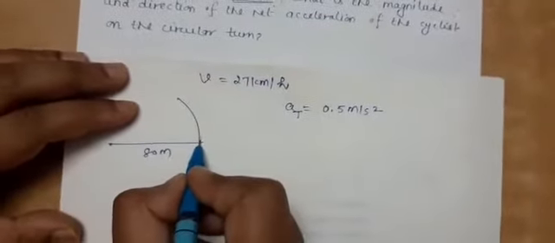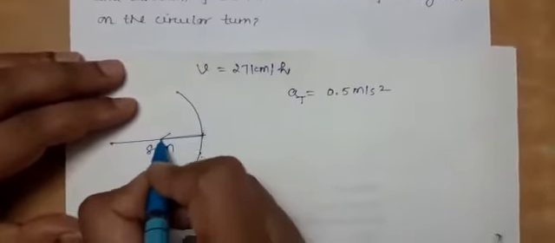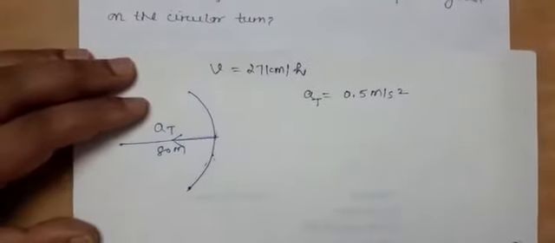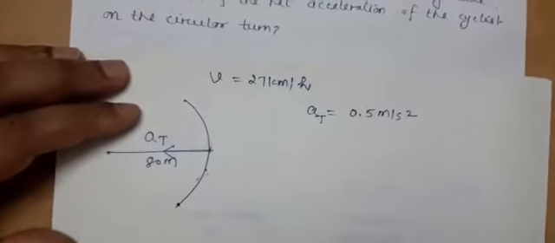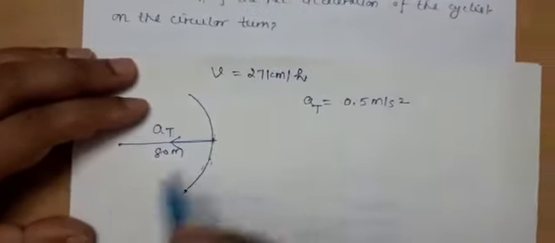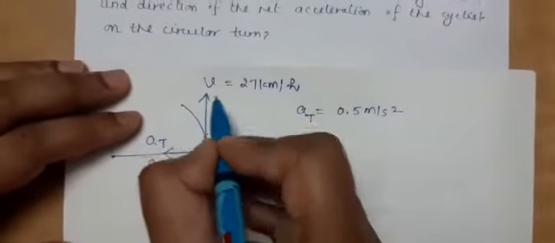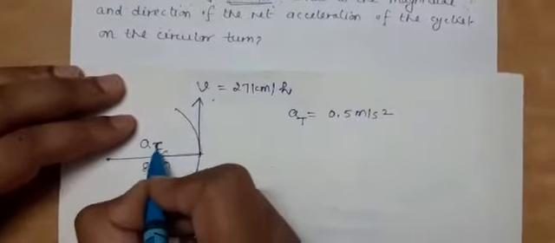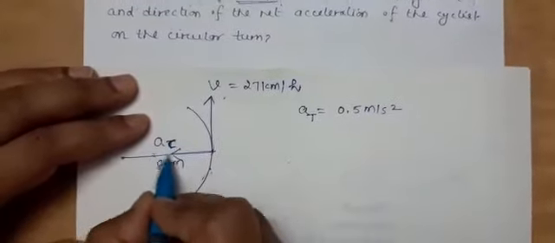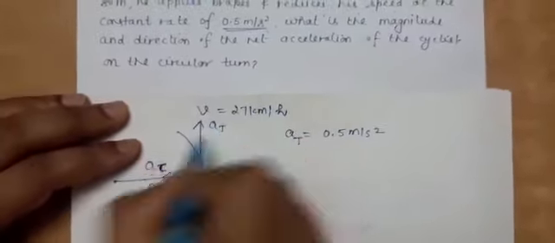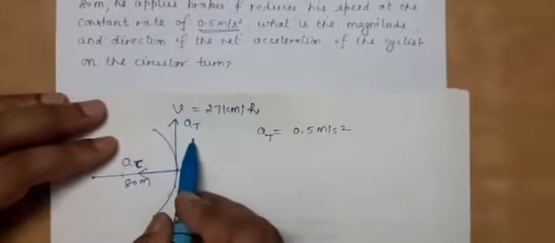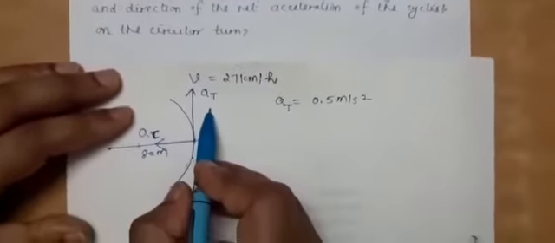So it means as the cyclist is moving along a circular path, centripetal acceleration must act along this direction, because the person is applying brakes and his speed is reduced, right? So in that particular case, this is centripetal, this will be AC for centripetal and AT for tangential. Why T? Because it is acting along the tangential direction, right?